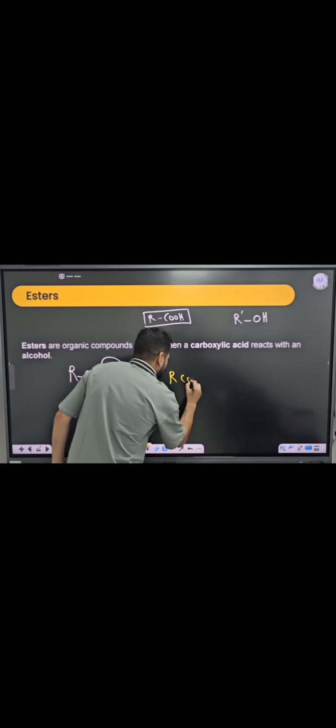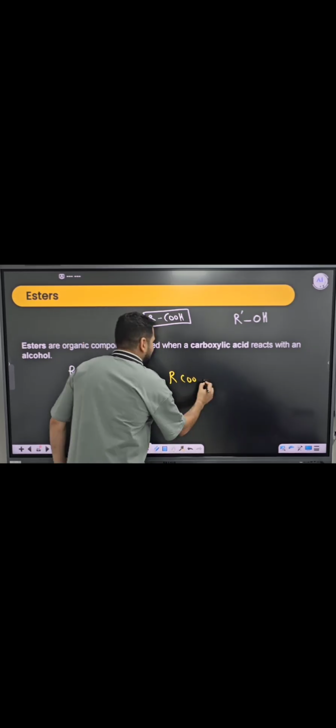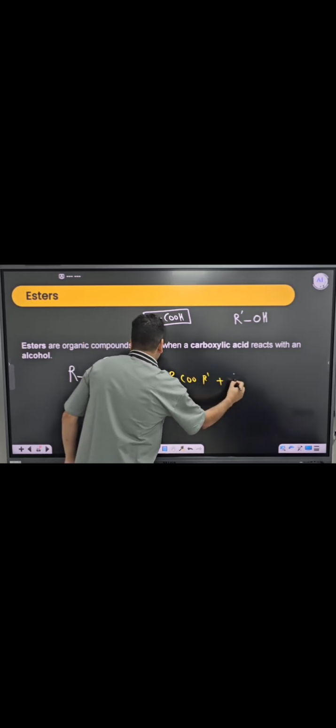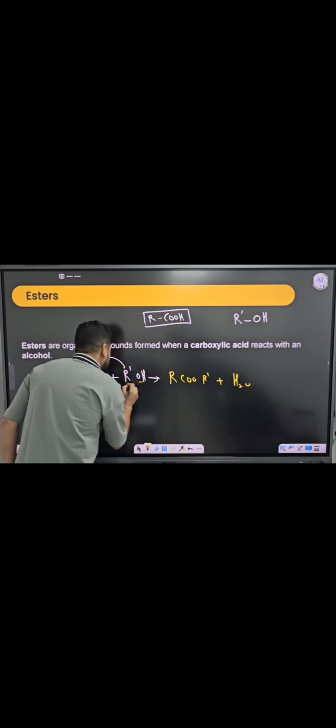What will be the product that I'll be getting now? Try to find out. I will get RCOO, in place of H, I will get R dash, plus H2O. Look here, guys, OH plus H will give H2O. Now, this particular compound is what I call an ester. I hope this is clear.